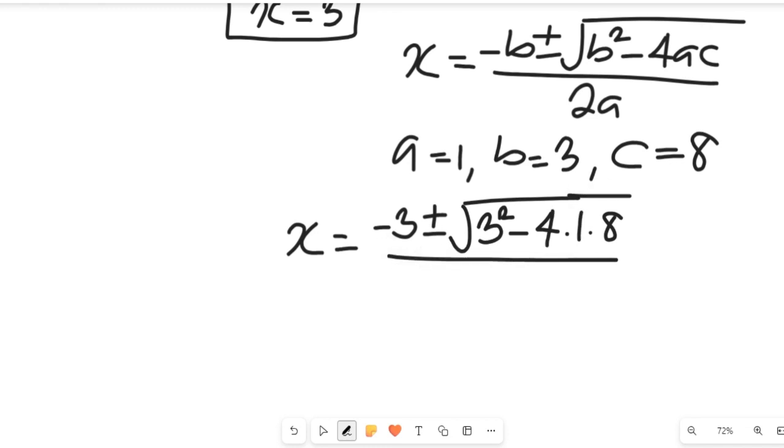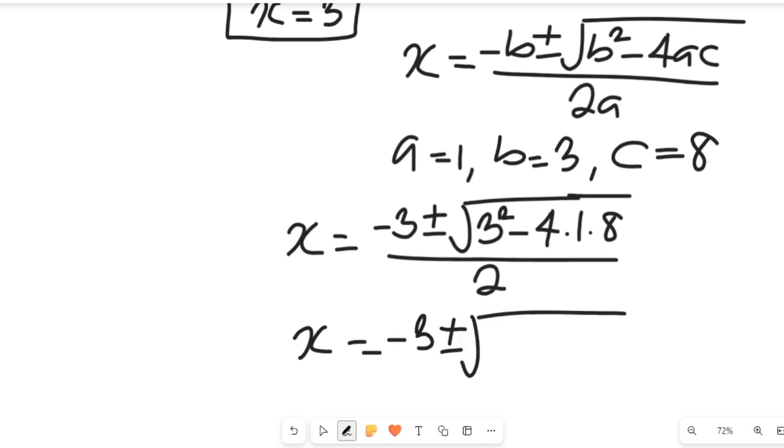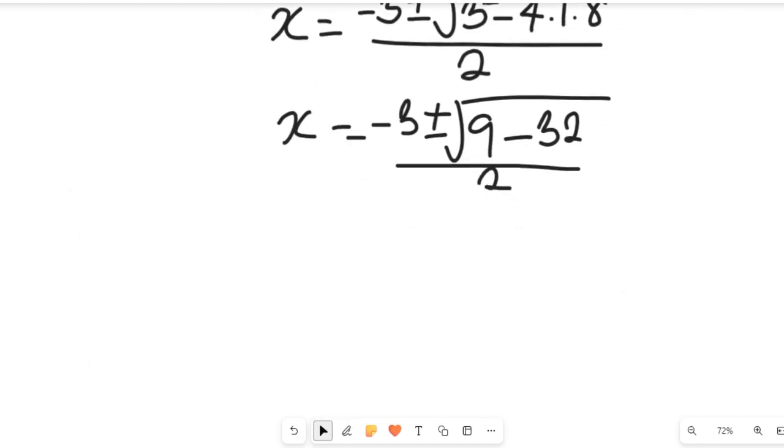And this will be divided by 2 times 1, which gives us 2. So our x will be equal to negative 3 plus or minus the square root of 9 minus 4 times 8, which gives us 32, divided by 2.